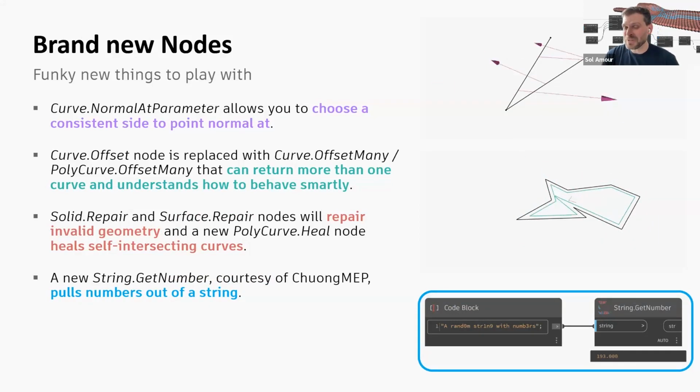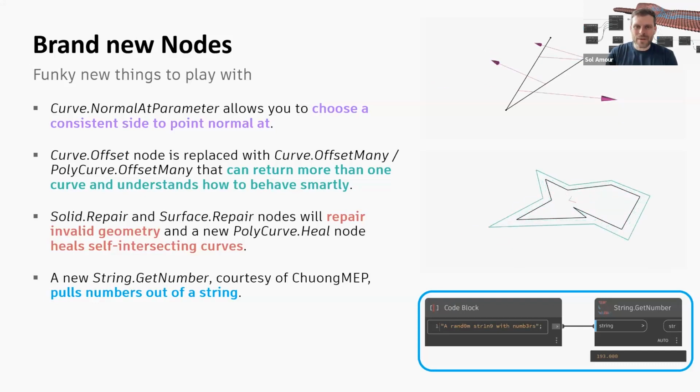In the context of Revit, when you're drawing a line, it actually understands start point and end point and has consistency about which side it comes from. But if you're getting a line from other places and other sources, it might have been very random. So now you can choose a consistent side to point at, which is really cool, because previously if you built a polycurve with a bunch of disparate lines, you might have been getting these vector representations going off in every single direction, which is not so useful when you're trying to do stuff.